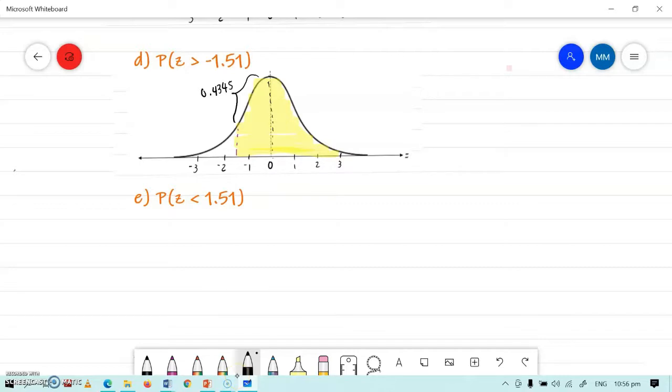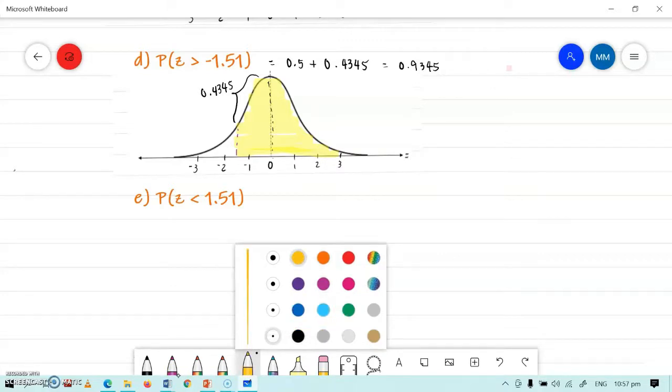So the probability of z to be greater than negative 1.51 is equal to 0.5 plus 0.4345, and that is 0.9345. So the entire area, which is shaded with yellow, is equal to 0.9345. Okay?